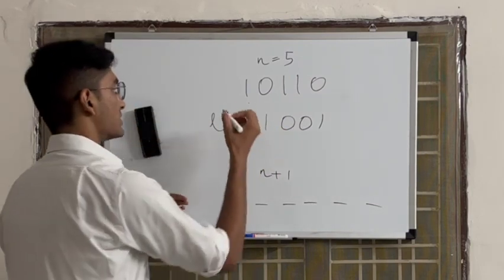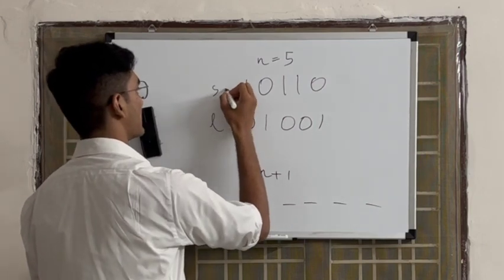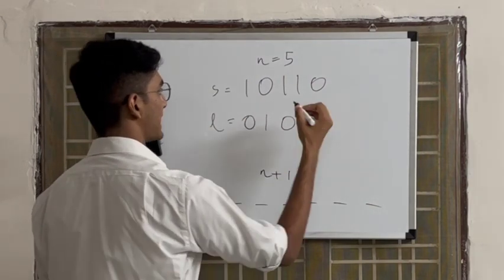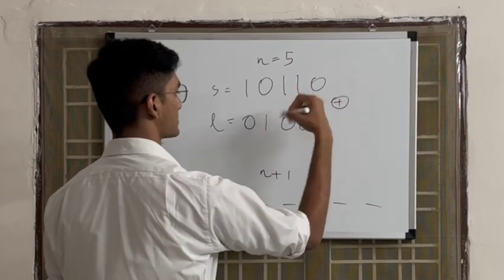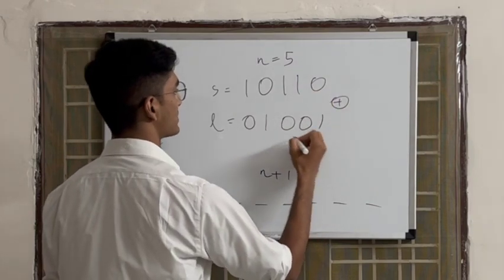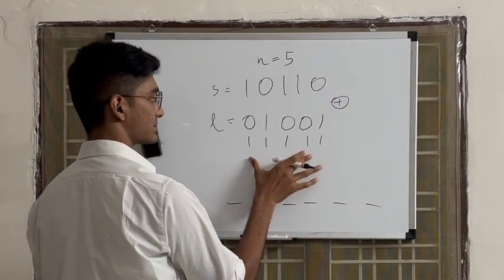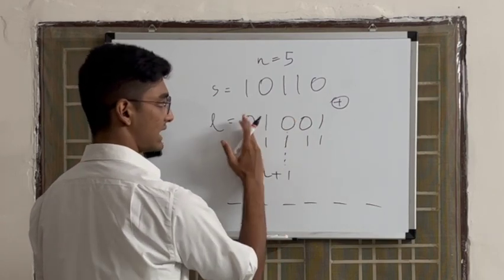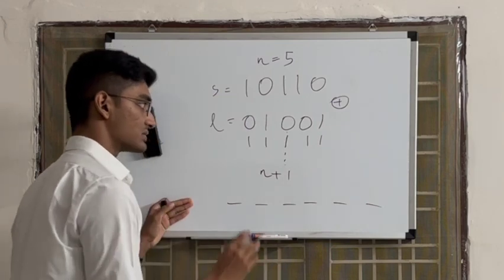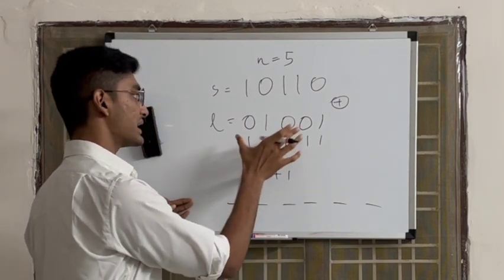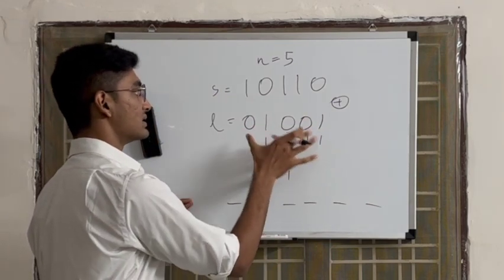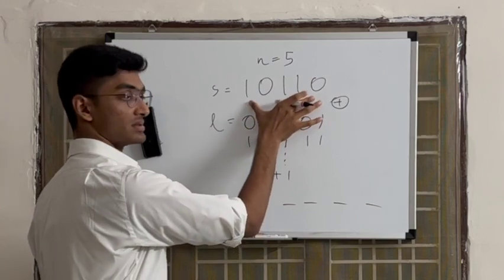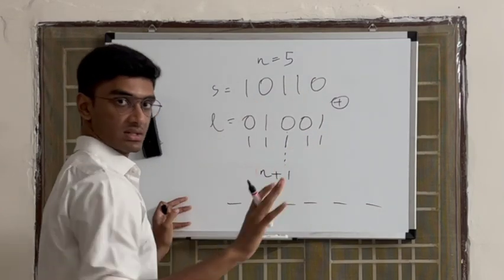Now, if you XOR this S, this is the S binary string and this is the L binary string, if you XOR these values, every single one of them, what you'll see is you'll get this, right? And this is a palindrome. The left side is equal to the right side. So for this value of L, if we XOR it with this, we'll get a palindrome number.